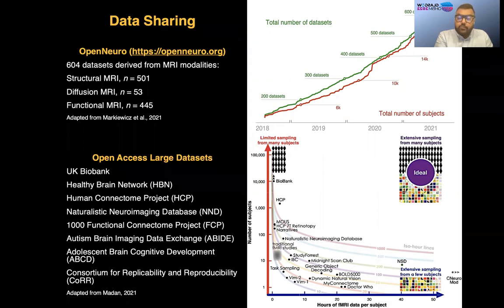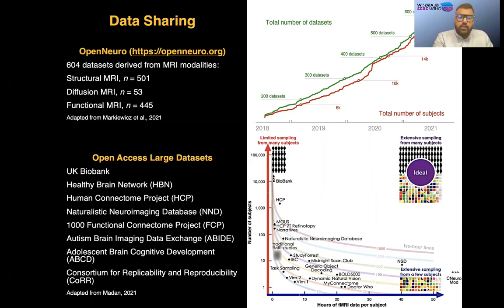Then you have the Healthy Brain Network, which targets mostly adolescents and neurodevelopmental population. You have the Human Connectome Project. You also have datasets that not only use structural and resting state or task-based fMRI, but also movie watching fMRI, like the naturalistic neuroimaging datasets.